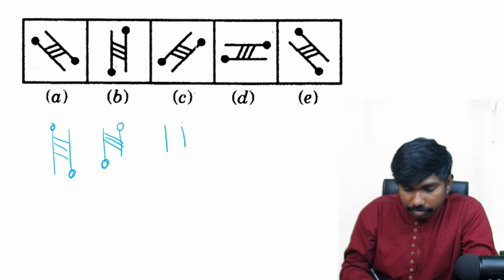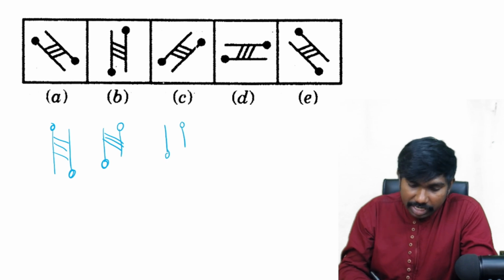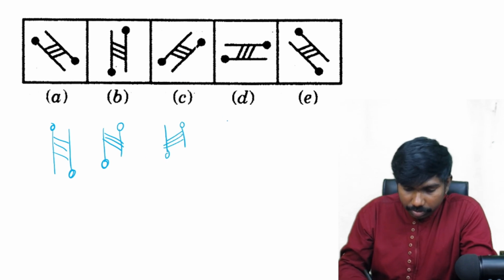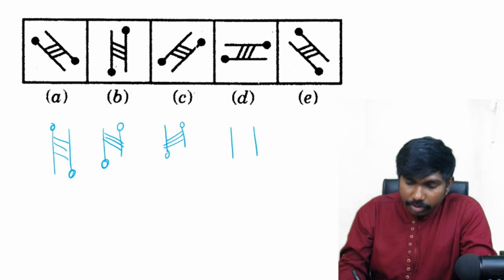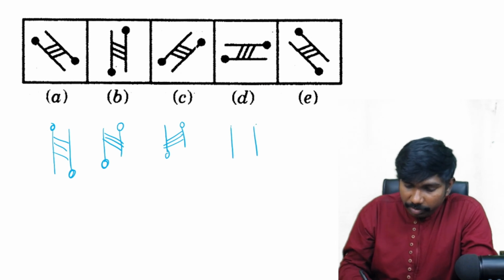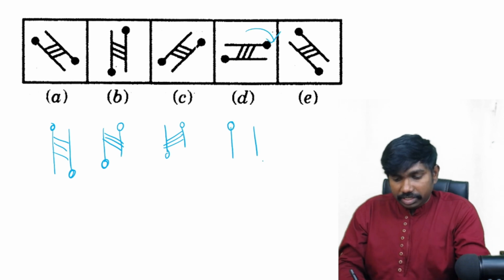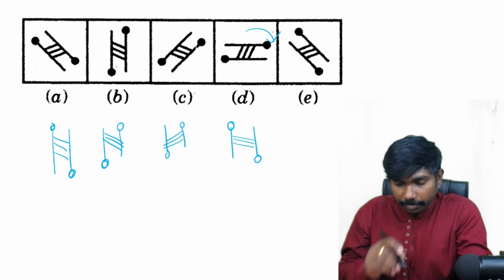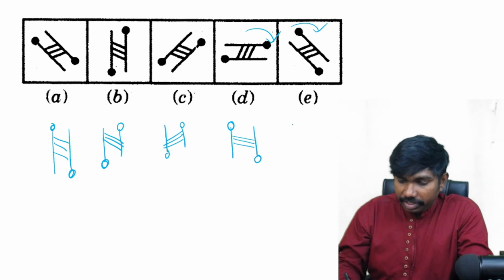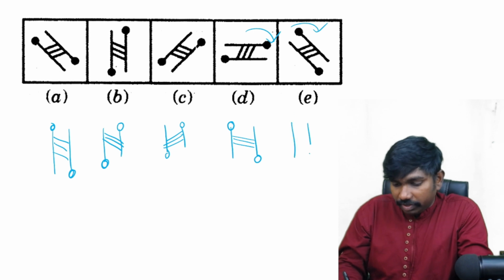In this, the slanting lines will be like this, and here if you rotate it clockwise 90 degrees, here is the circle and here is another circle, and these slant lines become these slant lines in this way. Next, if you rotate it by 45 degrees, you will get this figure.